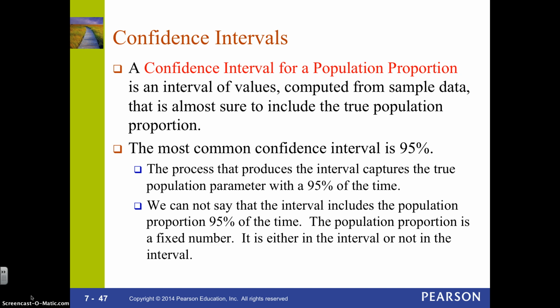We can't say that the interval includes the population proportion 95% of the time. We're just saying the process that we use captures the true population proportion 95% of the time. The population proportion is a fixed number. It's either in the interval or not in the interval. We can't associate a probability with whether or not it's in the interval.